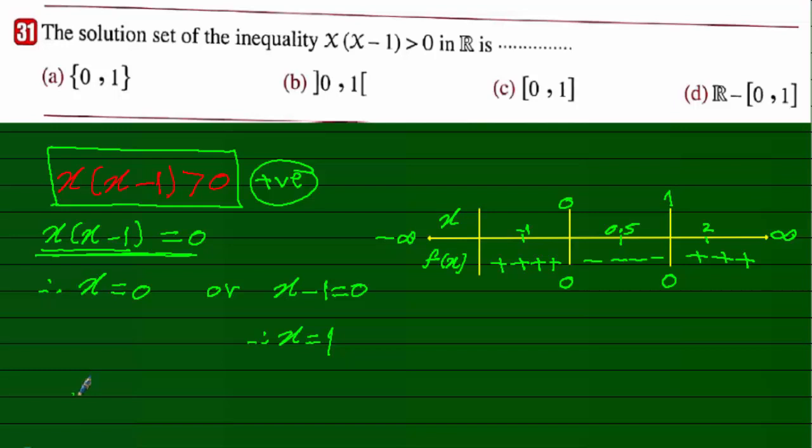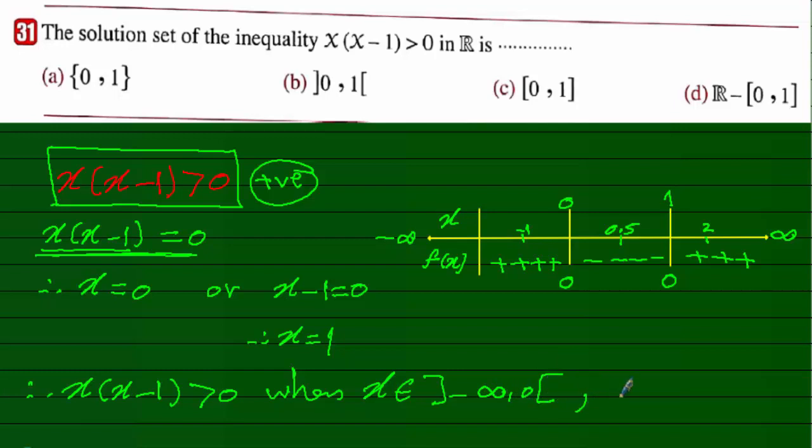Then we write x multiply x minus 1 is greater than 0 when x belongs to the open interval from negative infinity to 0, and x belongs to the open interval from 1 to infinity.